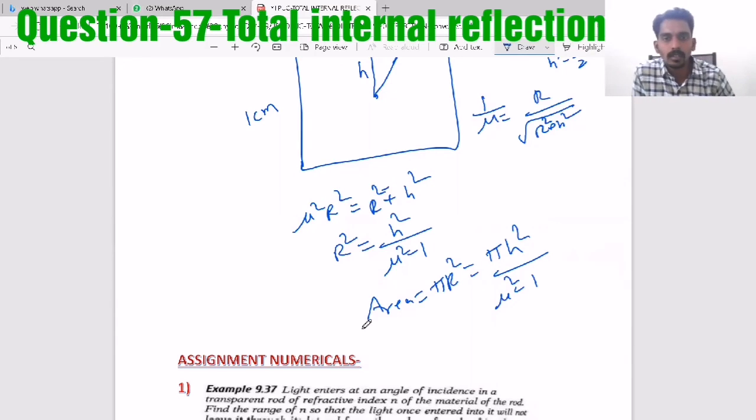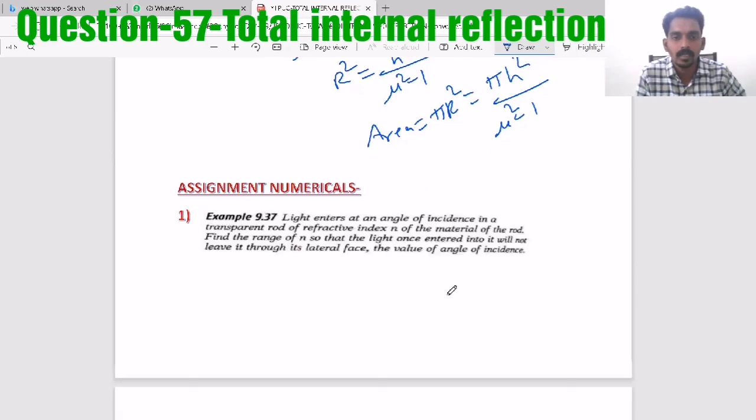So this is how you need to solve the questions based on critical angle or total internal reflection or field of view of a fish, or how much circular area should be covered on top of water surface to prevent light coming from a bulb placed at a depth h, the area or radius they can ask.